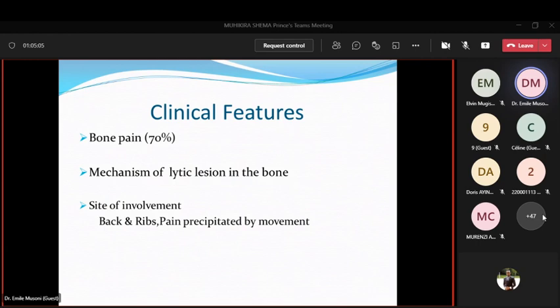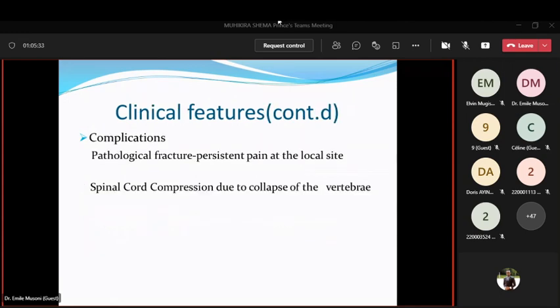Clinical features: in 70% there is bone pain. There are lytic lesions in the bone, the sites involved are the back and ribs, and pain is precipitated by movement. So once you find an elderly person with bone pain and lytic lesions, you may think about myeloma.